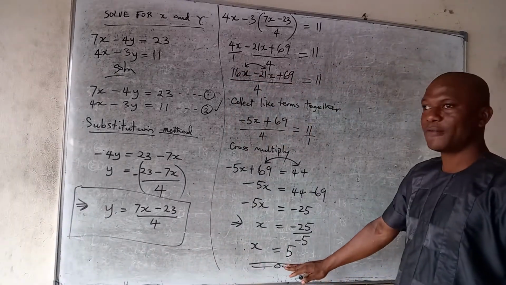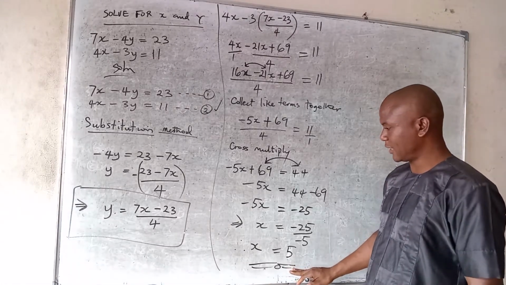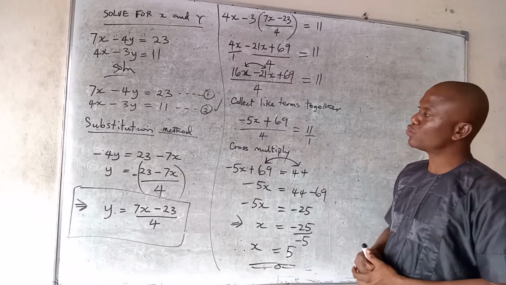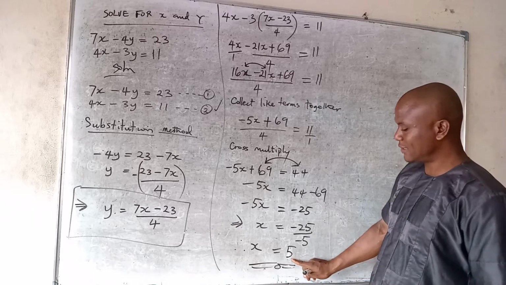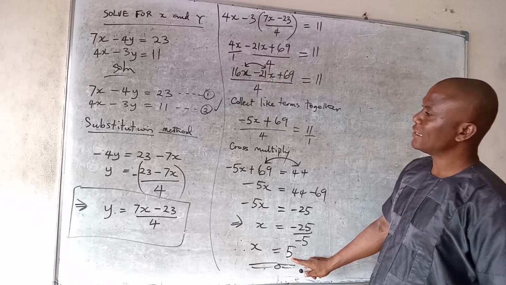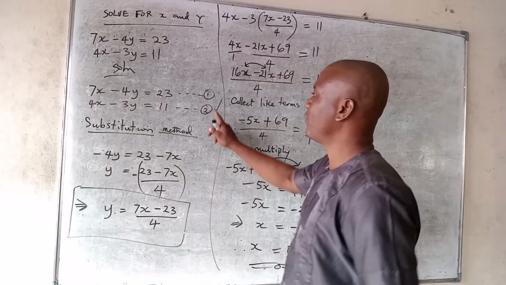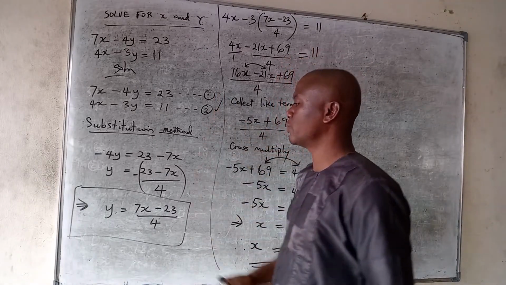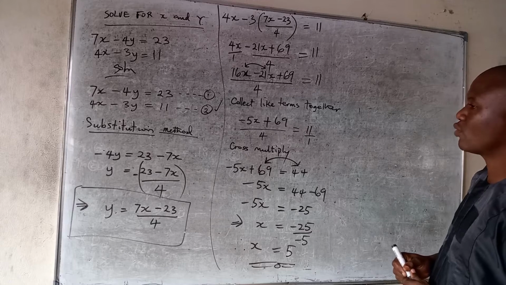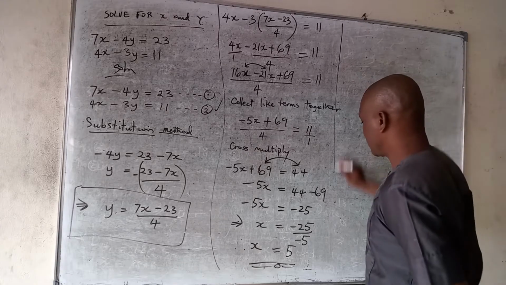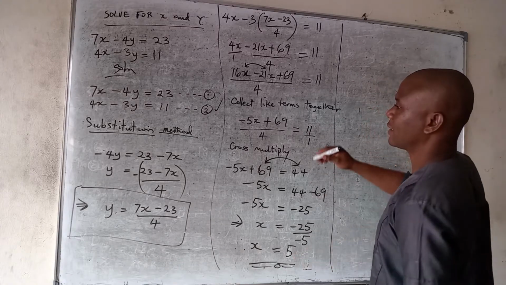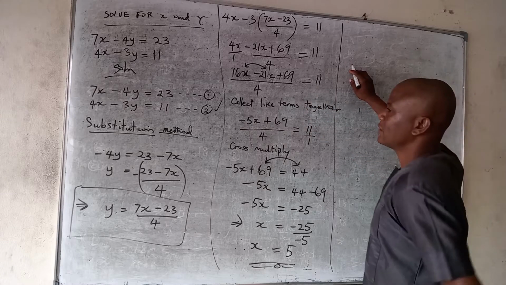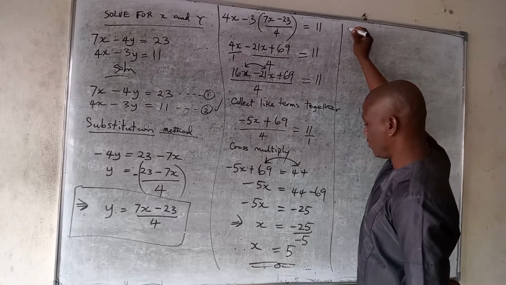So now that we have arrived at the solution for x, the next thing we must do is to substitute this value of x into either of our equations, either equation 1 or equation 2. For instance, let's take equation 1 and substitute the value of x to get the expression for y.